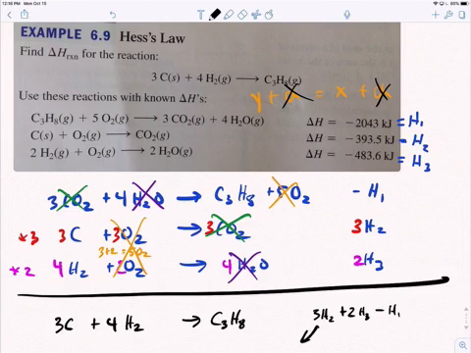How do I do it? Well, I need 3 carbon dioxides for that, and I'll multiply the bottom one by 2 to get rid of the water. So you could also analyze the problem that way. If you want to do it that way, that's totally fine. In my thinking, I usually think in reactants, but either way will work.